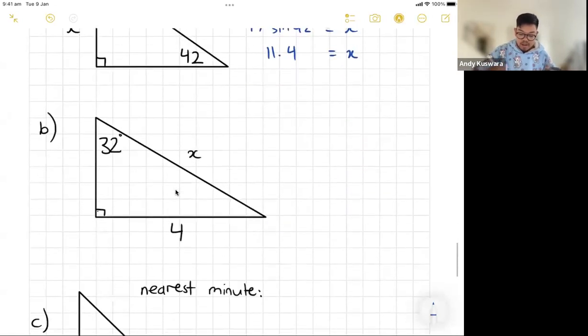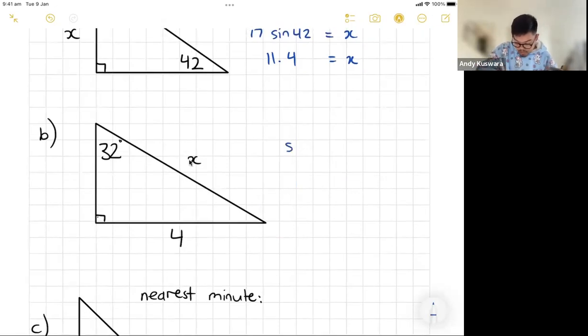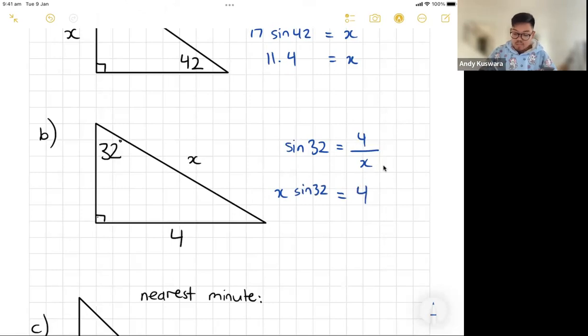Next one. Now here, that's my angle. So I've got my opposite and I've got my hypotenuse again. This is another sine. So now I've got sine 32 equals 4 on x. Now the only difference is here, my x is actually on the bottom. So to solve for x, I'll need to times it across to the other side. Timesing both sides by x means I get rid of it on the denominator on this side and it moves over there.